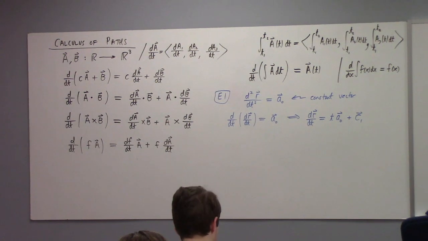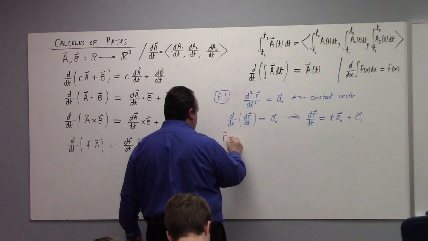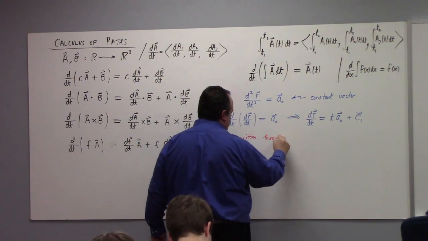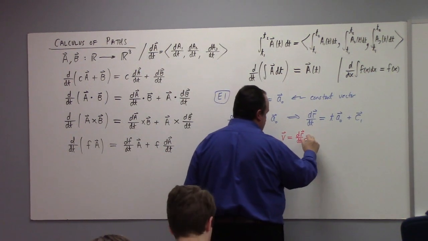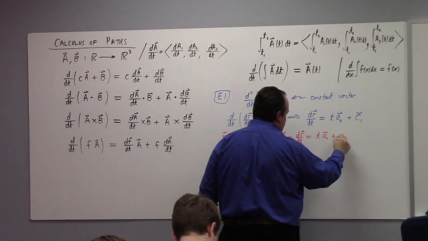Suppose r is position. Then the velocity is dr/dt, and in this case that is time times the constant acceleration a naught plus a constant.